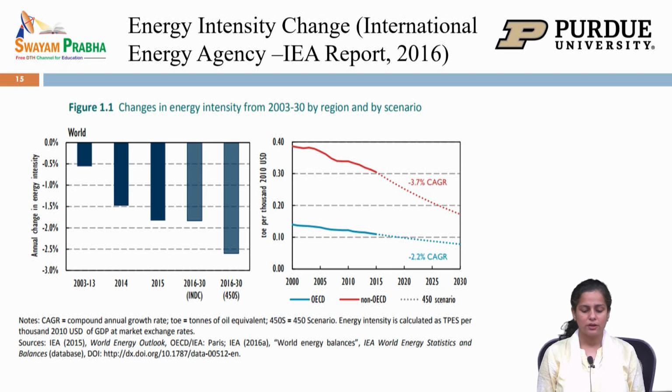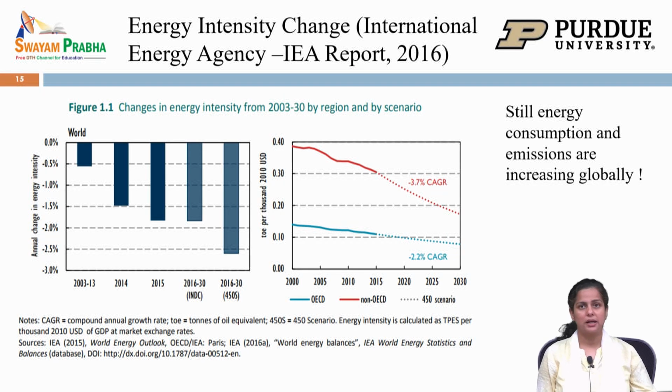On the other chart you can see the tons of emissions per thousand in terms of 2010 USD. In the OECD countries we have about a 2.2% reduction in the tons of emissions, while in the non-OECD countries we have an even larger 3.7% reduction.